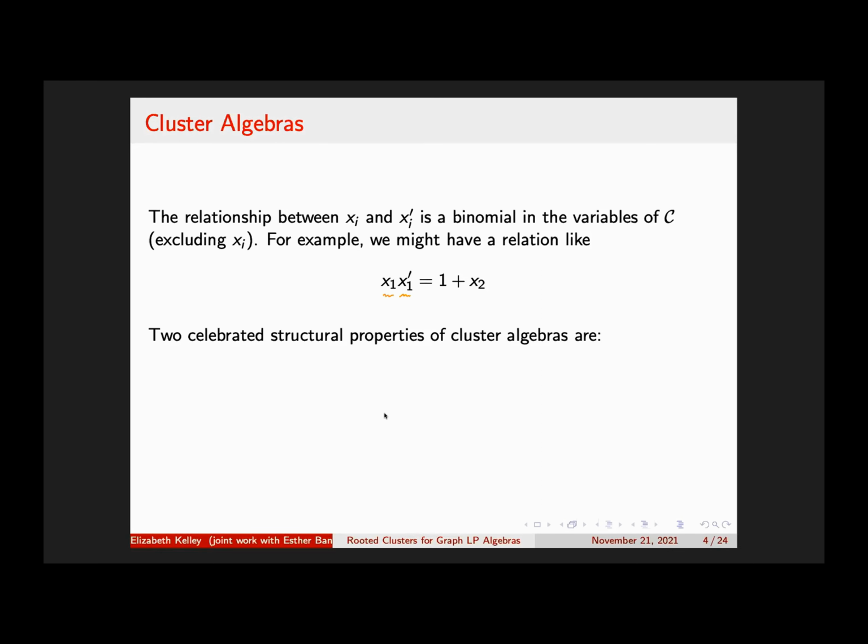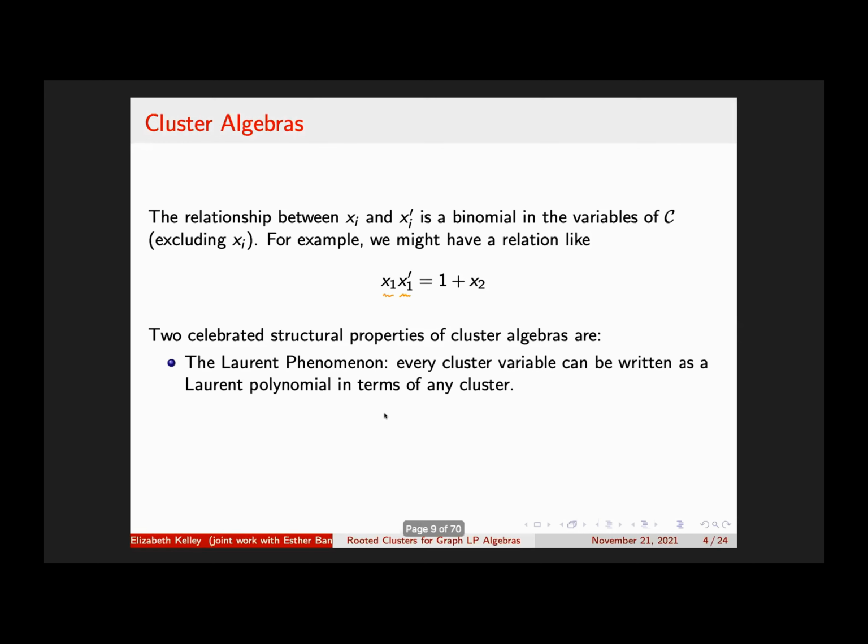And two hallmark properties of cluster algebras are, the first is called the Laurent phenomenon. This says that once I start composing mutations, my right-hand side might not look like a binomial. It's going to be some composition of these binomial relations, and it may end up with more terms. But the Laurent phenomenon is this miraculous property that no matter how I compose mutations, they're always going to cancel and give me something that looks like a Laurent polynomial.